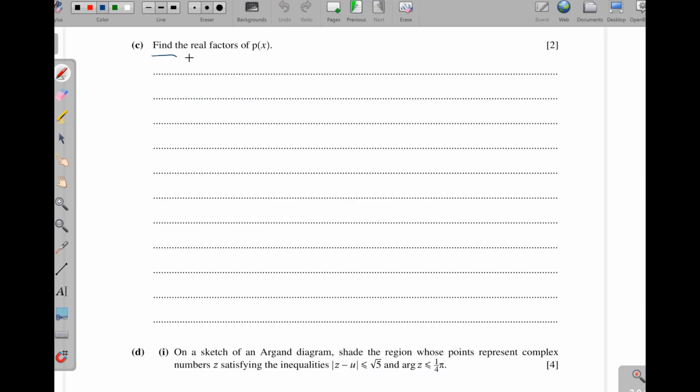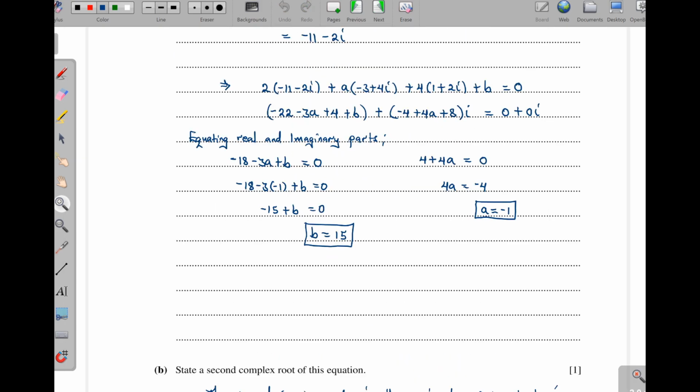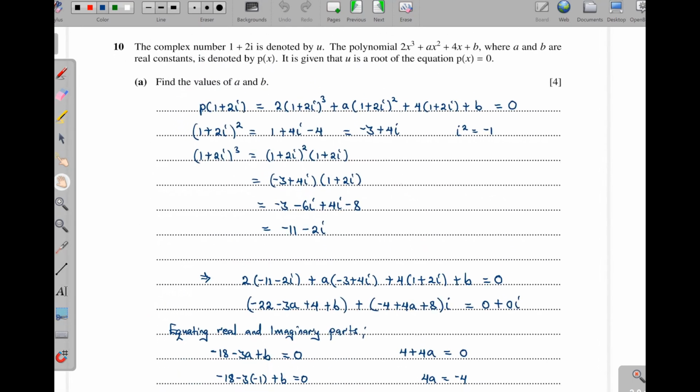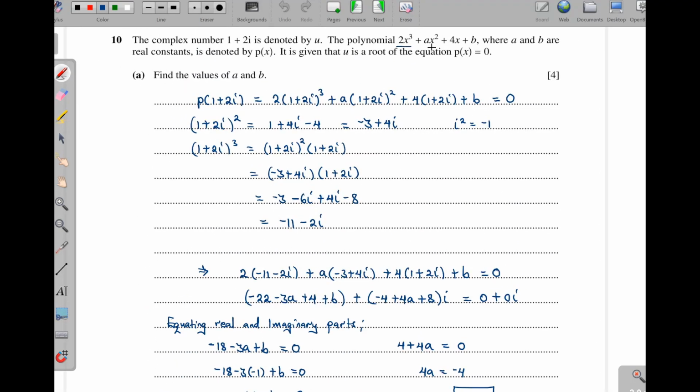Part C, find the real factors of p of x. Now, when you check back here, what we are having here is a cubic function. This cubic function, when solving it, you are expected to get 3 values. It can maybe cross the real axis 3 times, or if you are drawing on a Cartesian plane, then the roots here.